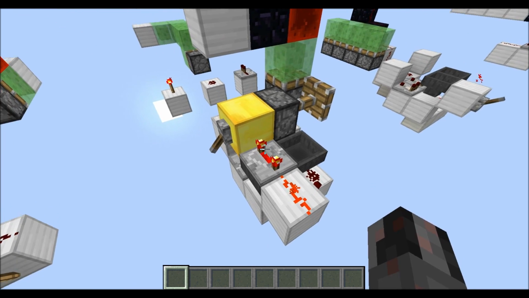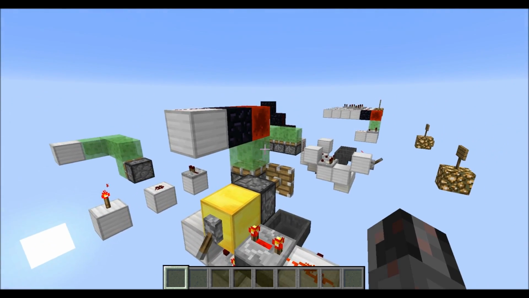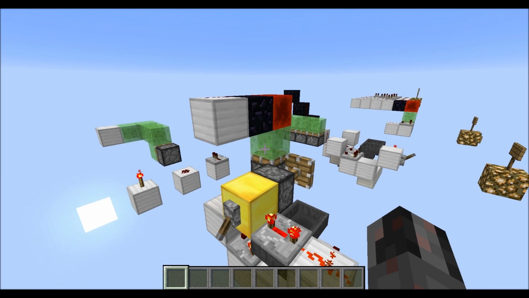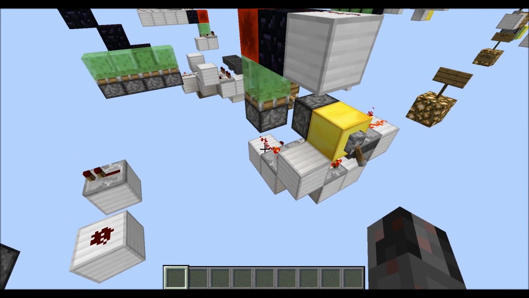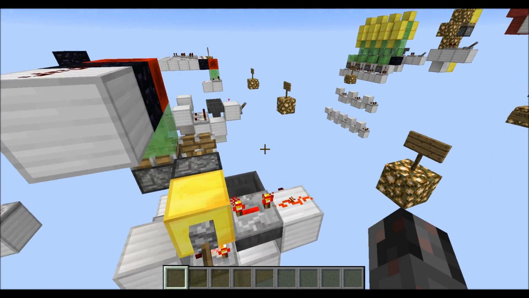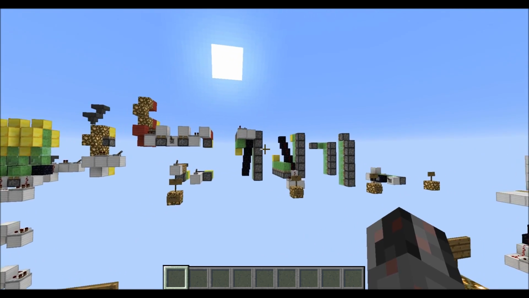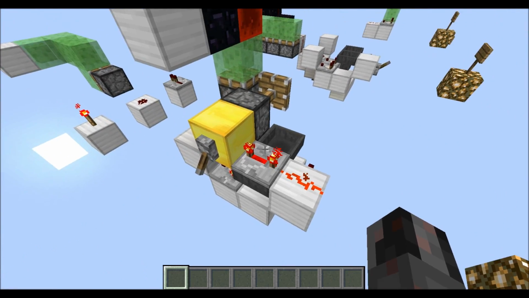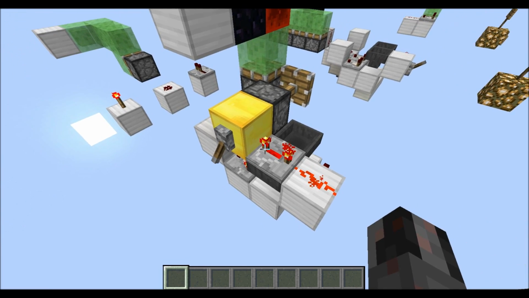What I want to mention is that you need this repeater here, since after the first pulse we actually need a bit of time for the analog change to happen, or until the first analog change happens, since the first piston has to actually change position. So a 4-tick delay is rather prudent to use.